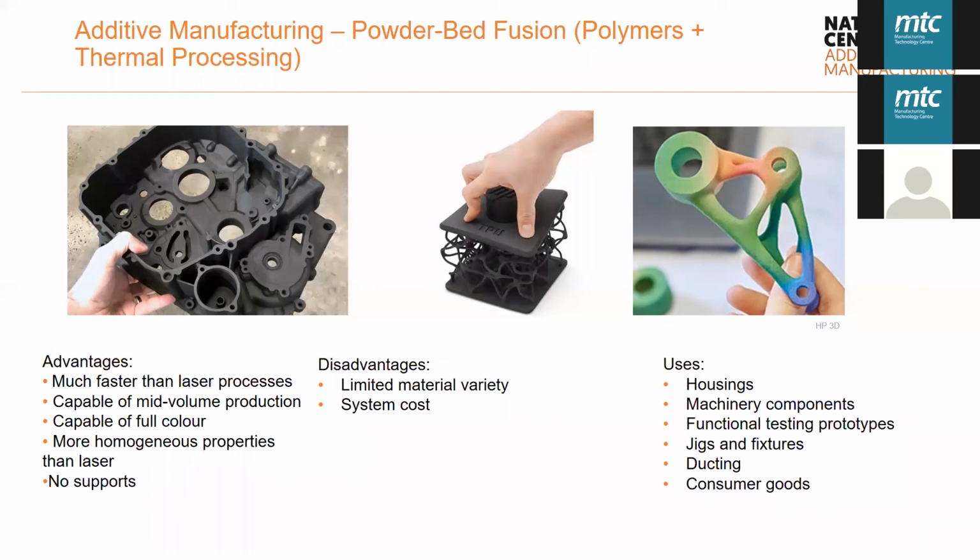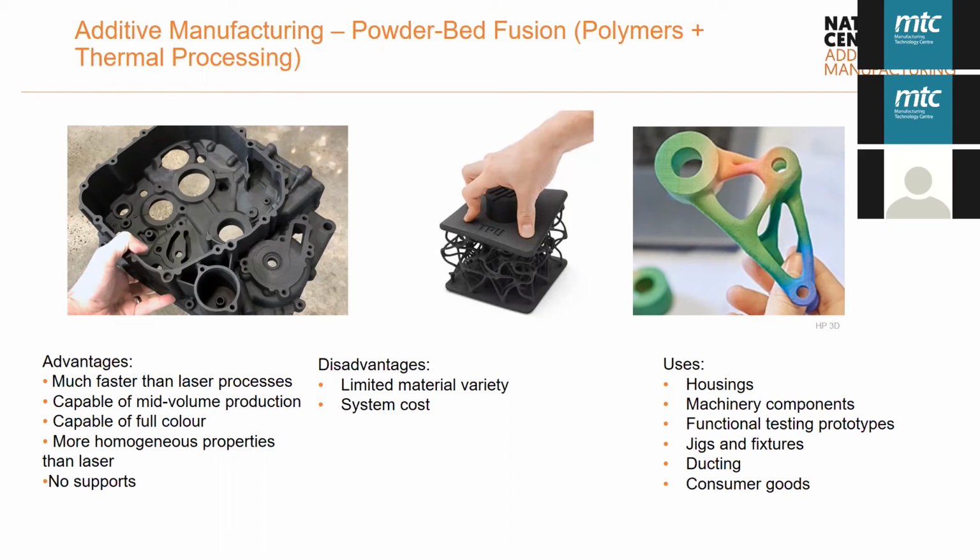The main advantages of the thermal source for polymer powder bed is that it's usually a lot quicker than the laser processes. You're more capable of mid-volume production, higher throughput of components. There's also the full range of color capability, and also no support structure required, which essentially helps downstream when you are processing these components.